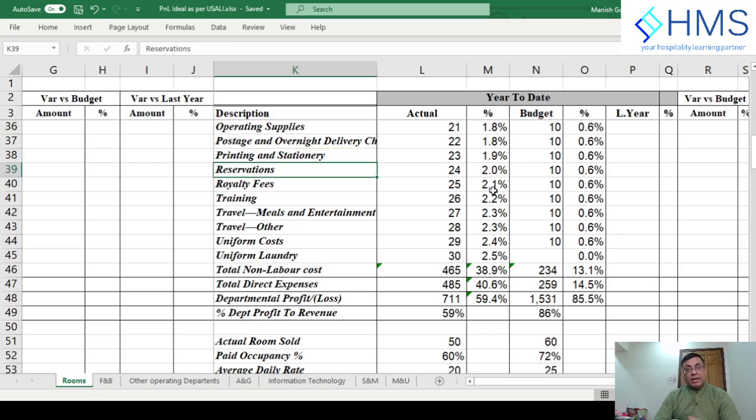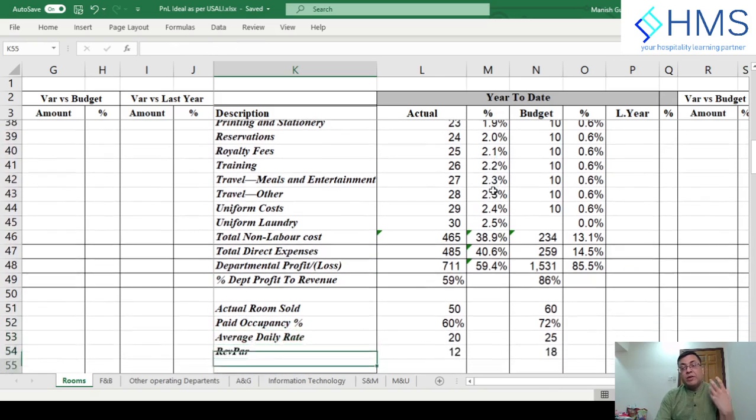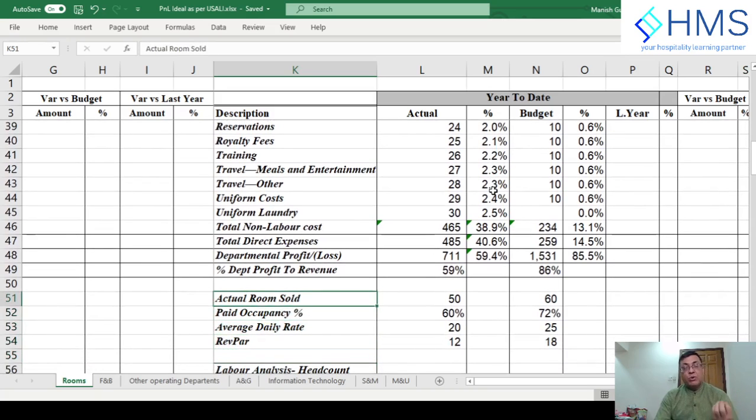In order to understand certain key statistics, hotels normally put actual rooms sold, paid occupancy, and average daily rate into the P&L itself, so that when you are looking at the expenses, you can refer back to how many rooms are sold and calculate per occupied room.